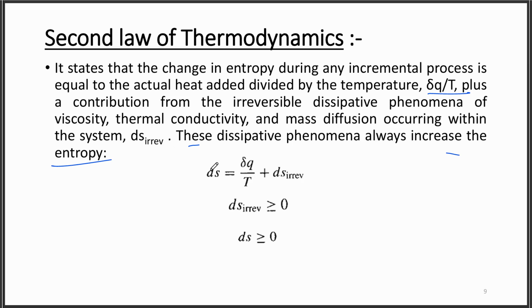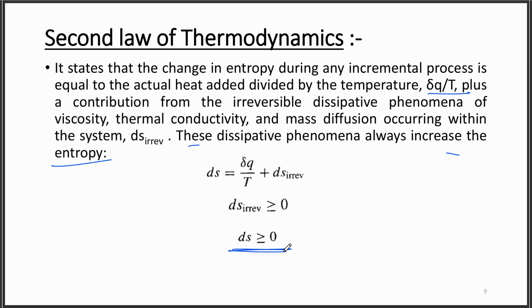So how do we give the change in entropy? dS equals del Q upon T due to heat addition, plus dS irreversible. Now this dissipative phenomena always increases the entropy, so dS irreversible will always be greater than or equal to 0. So dS will also be greater than or equal to 0.